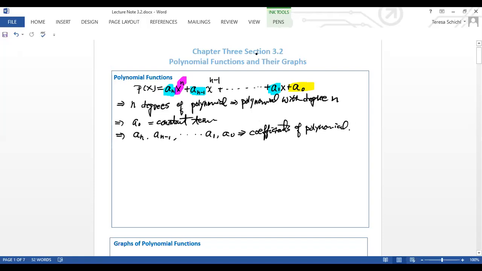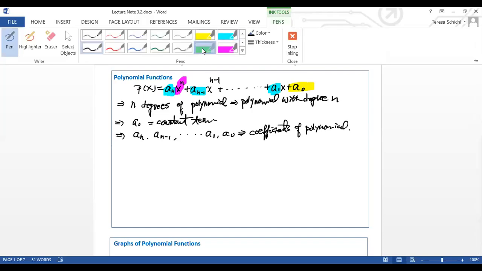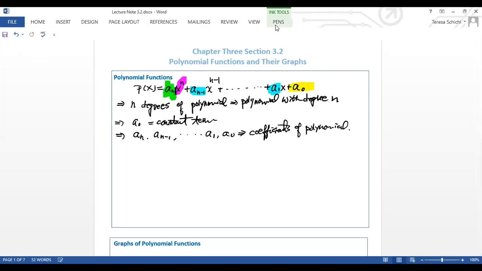Then the next one is quite important. This one, a_n, is in front of the x^n, right? So we call a_n the leading coefficient.